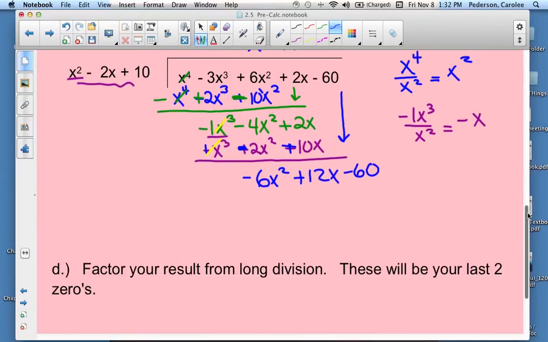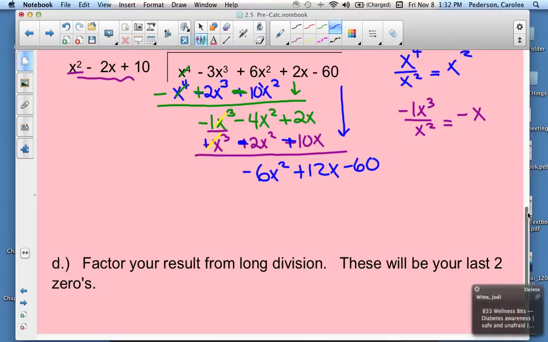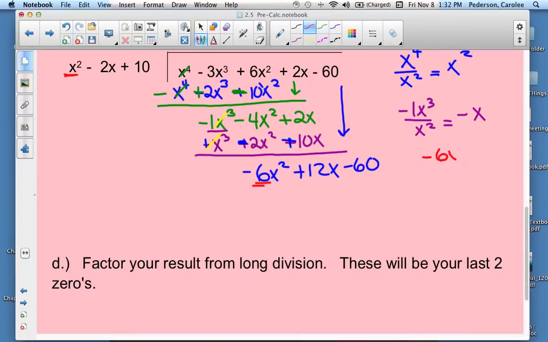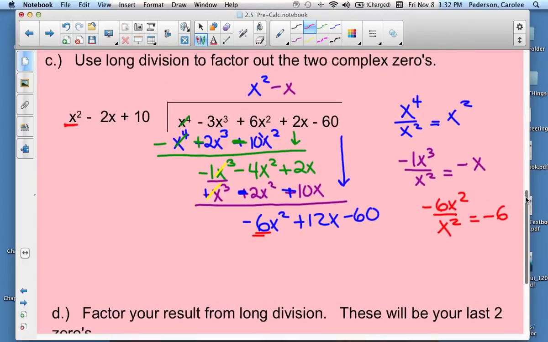Now we take our last term and divide into it. x squared divided into negative 6x squared, off to the side. Negative 6x squared divided by x squared is negative 6. So that'll go up on top. Now we multiply. Negative 6 times 10 is negative 60.